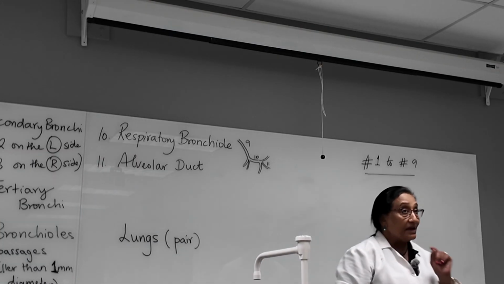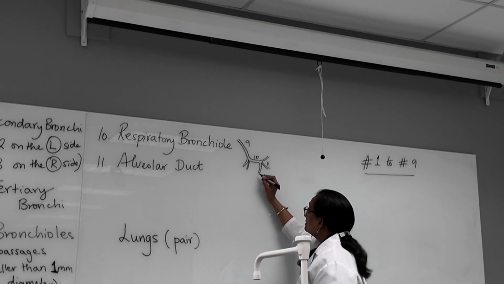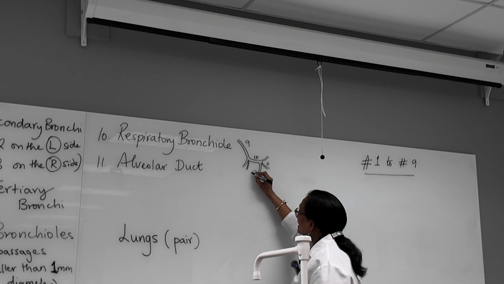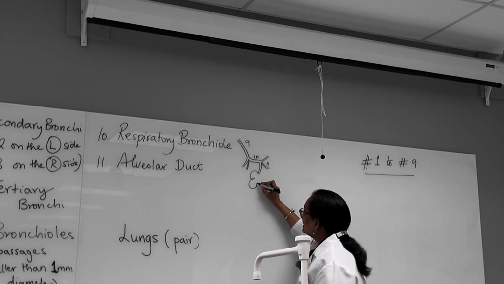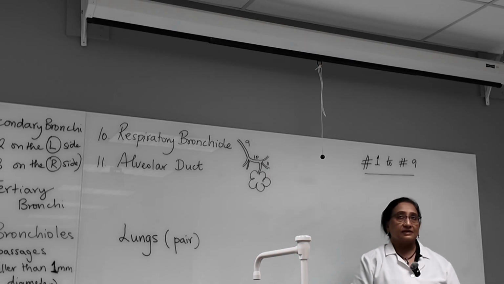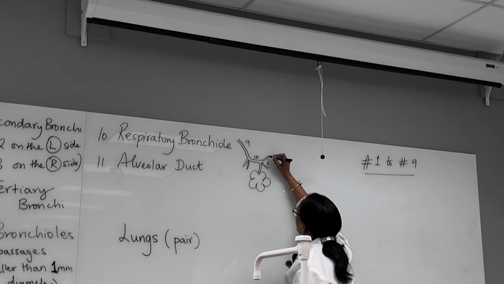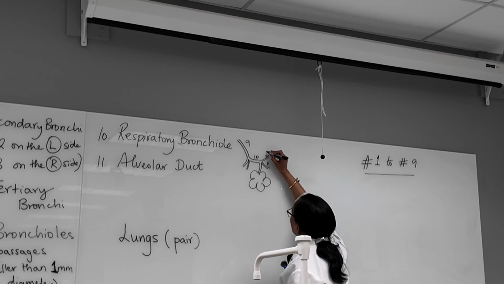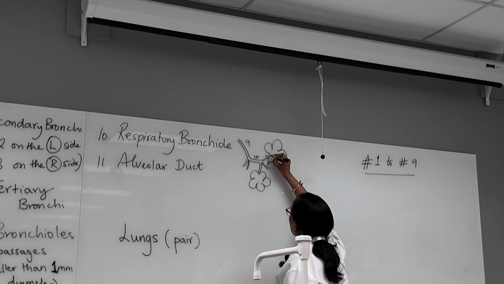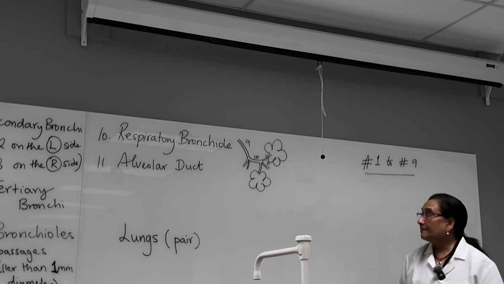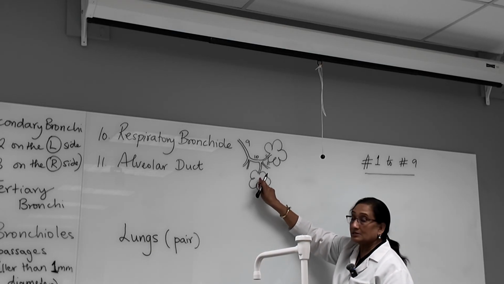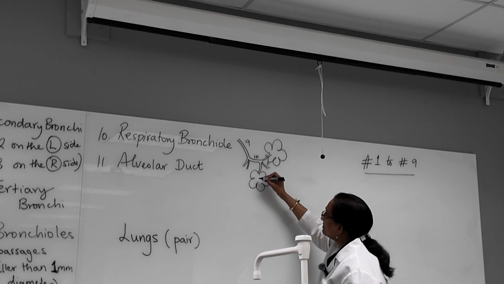And then from this 11, these are very tiny, very thin branches. You will see a cluster of sacs like that, a bunch of grapes like that. Okay, so this is 11. Now the space in the middle of this bunch, this common space that you see, let's number this 12.